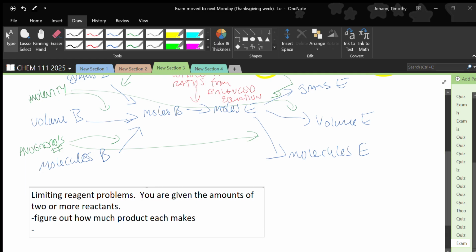The smallest amount of product tells you which reagent is limiting. The reagent that makes the smallest amount of product is the limiting reagent.